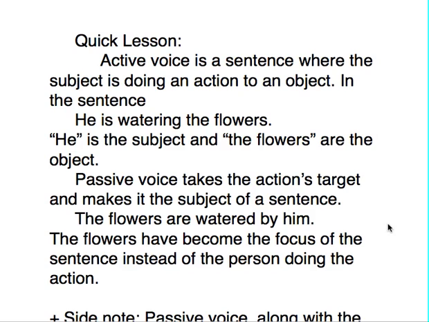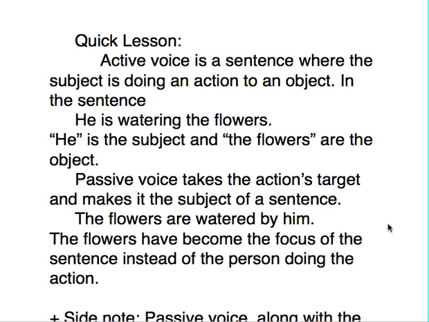In the sentence, he is watering the flowers, he is the subject, and the flowers are the object, and it is an active voice. Passive voice takes the action's target and makes it the subject of a sentence. The flowers are watered by him is a sentence in passive voice. The flowers have become the focus of the sentence instead of the person doing an action.